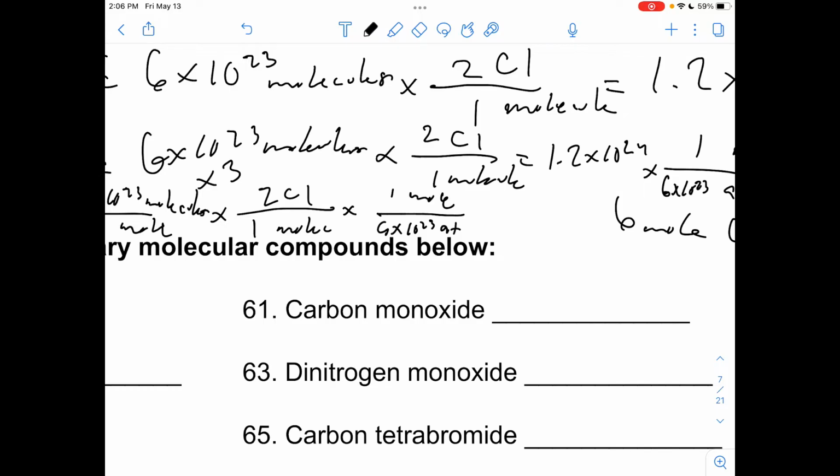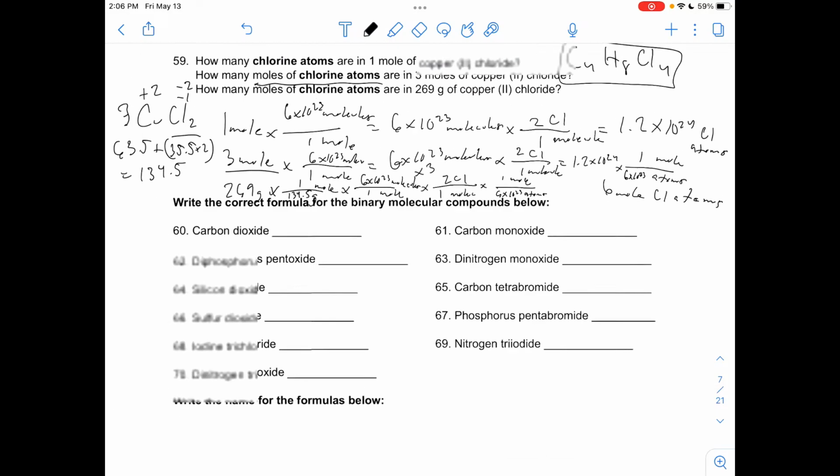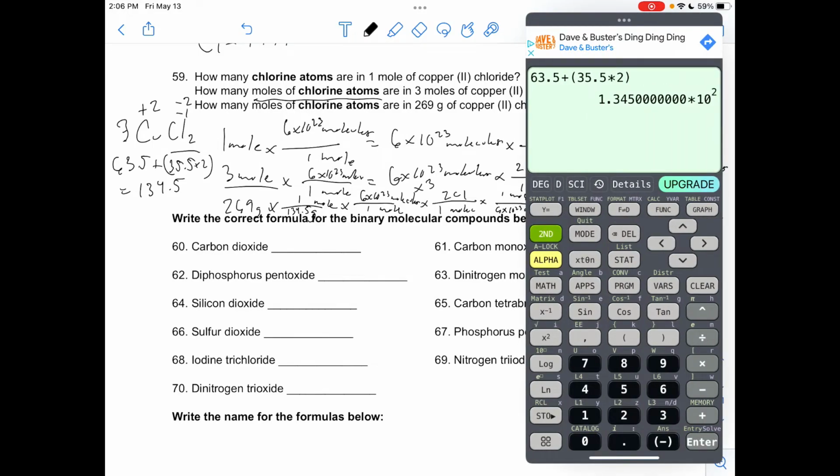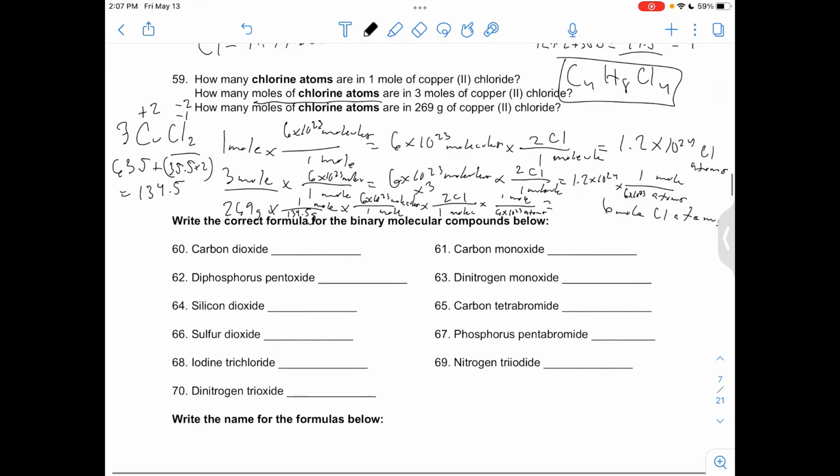So honestly, these cancel out, but I'll just do it out for you folks. 269 divided by 134.5 times 6e23 times 2 divided by 6e23. Okay, we get 4 moles of chlorine atoms.